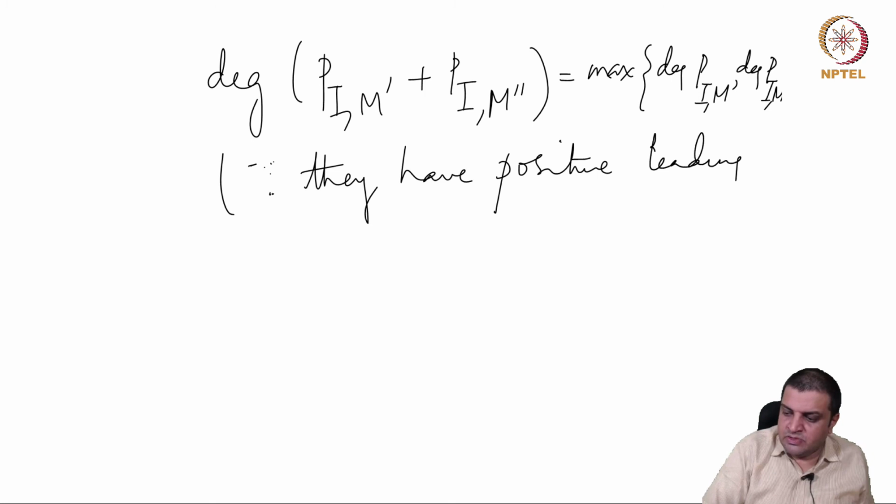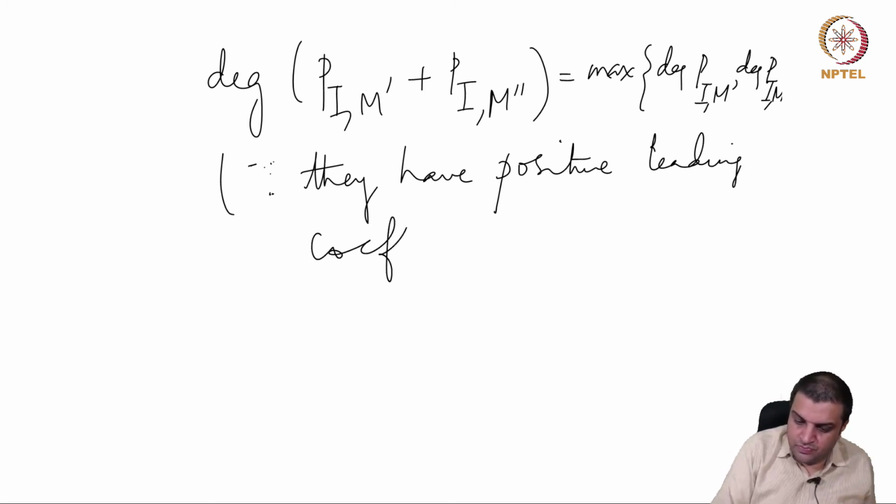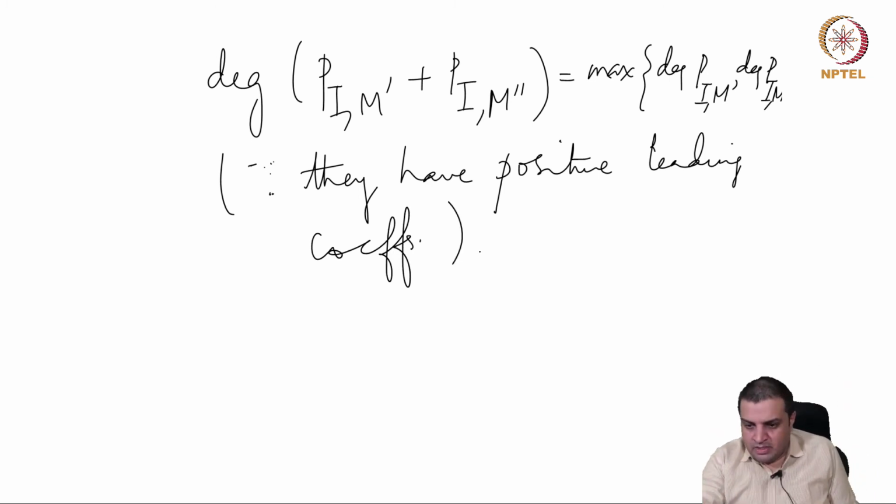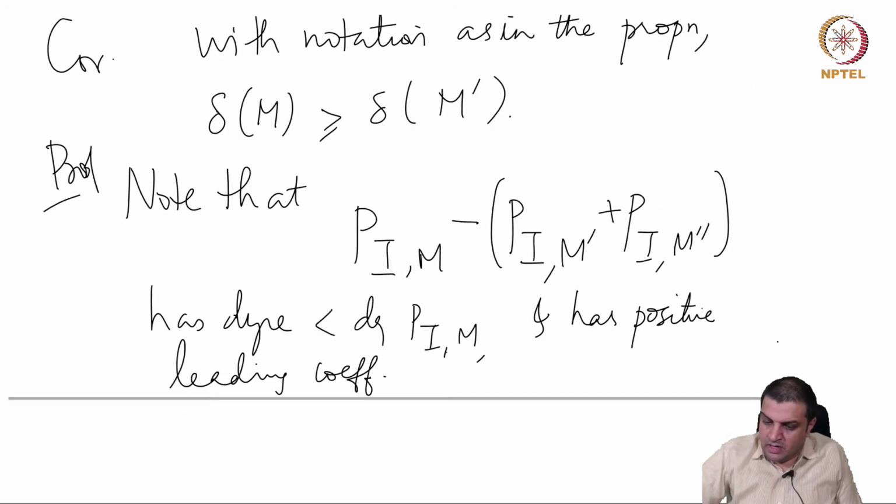The leading terms can never cancel each other when you take the sum. So using this, and the difference has smaller degree, therefore, if this thing had degree strictly bigger than the degree of PIM, then the difference will have degree equal to the degree of this.